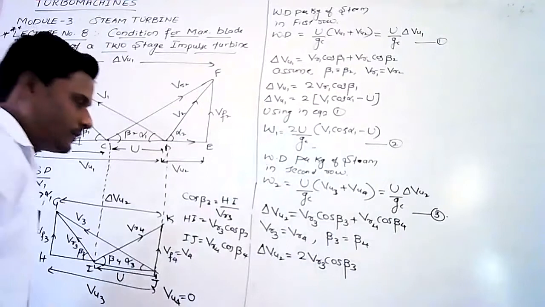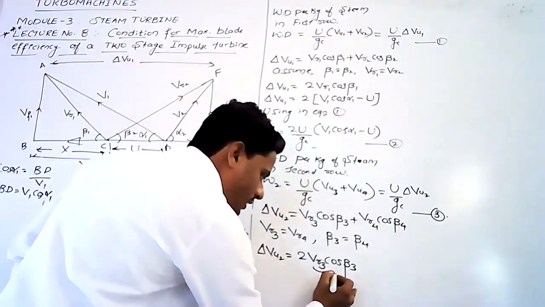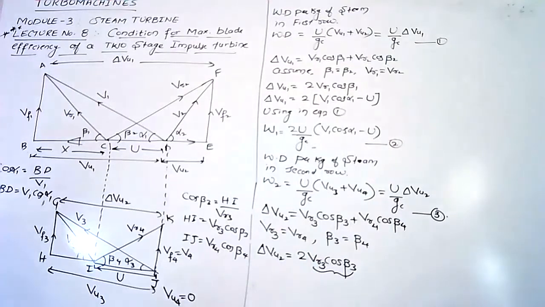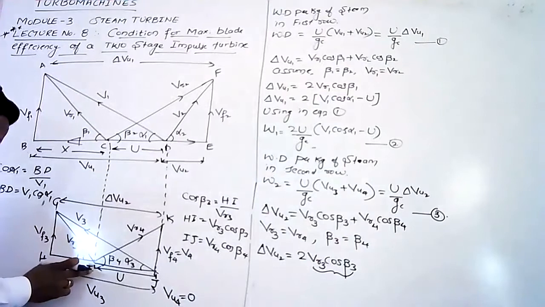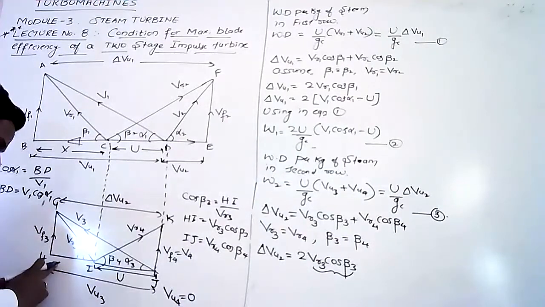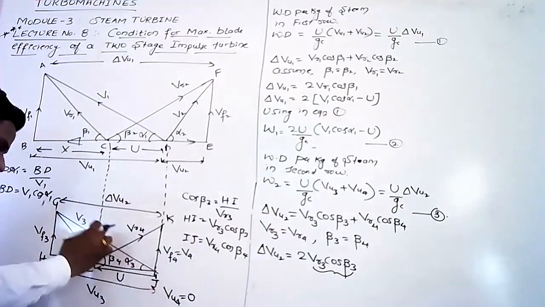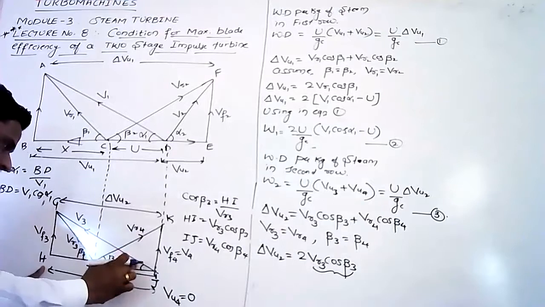Now, listen here carefully. So VR3 cos beta 3 can also be written as, right? VR3 cos beta 3 is HI. So this HI can also be written as the total length HJ minus U. How to write the HJ? HJ is V3 cos alpha 3.